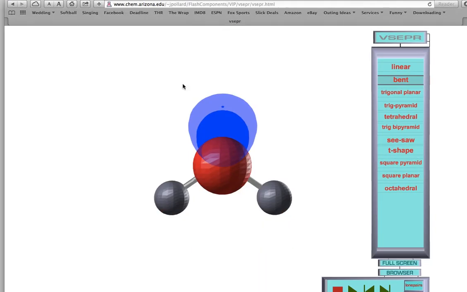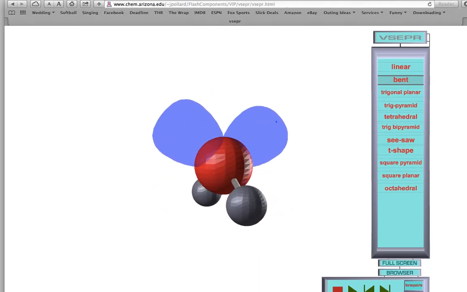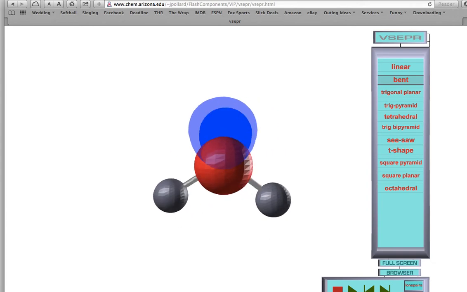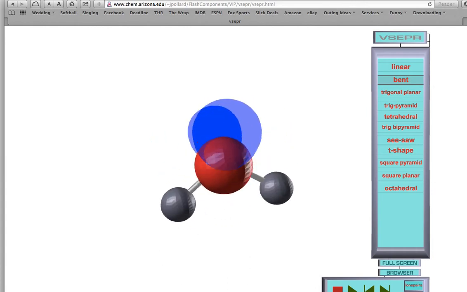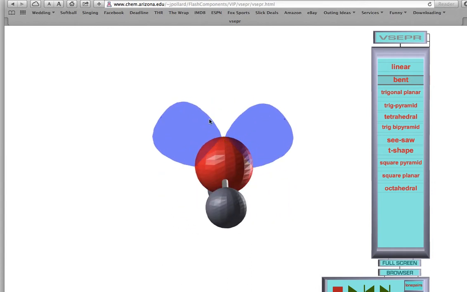So here's H2S, and I'm going to rotate it around a little bit. If you notice, the gray dots are my hydrogens, the S is my sulfur. The blue spheres are my electron clouds. There are 2 electrons here floating around, there are 2 electrons here.